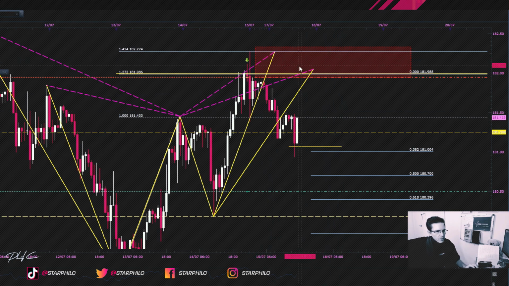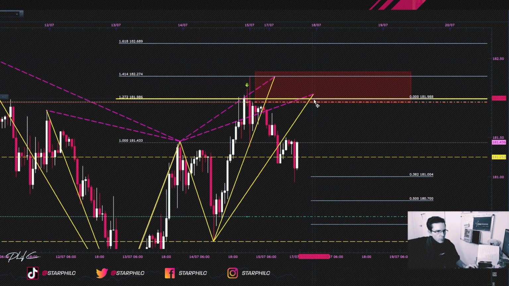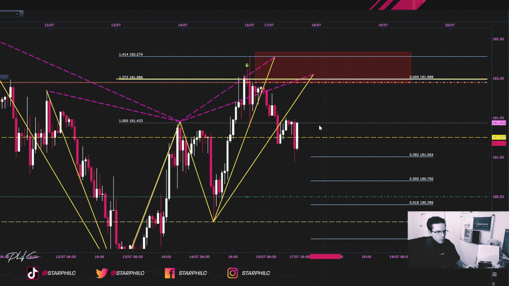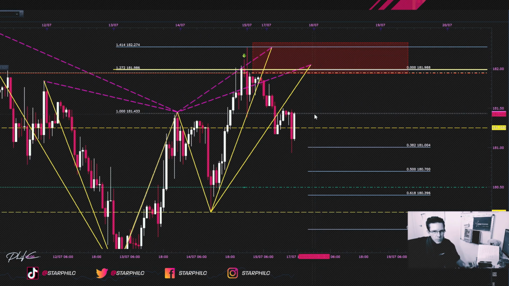Price action comes down, hits the 382, we take off half of our position right here, and then we roll our stops to break even, which is right here where the red box is. What I'm looking for is a little bit more of a move down into the 618.